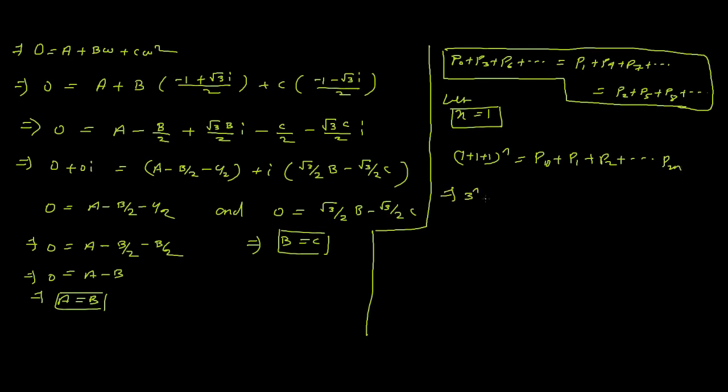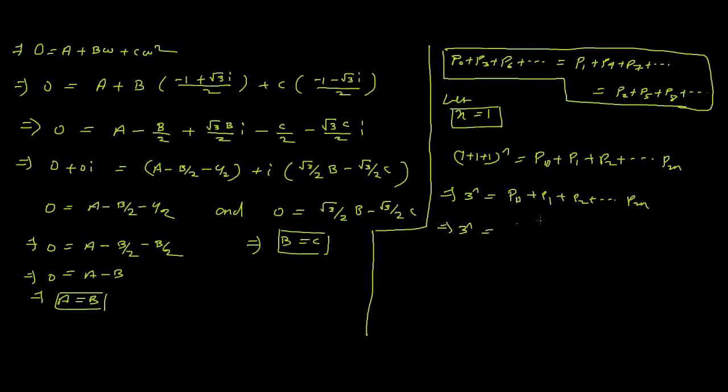That means 3 to the power n is equal to p0 plus p1 plus p2 up to p2n.